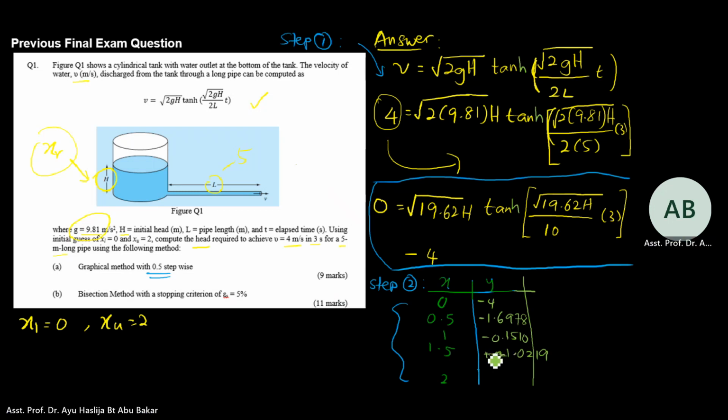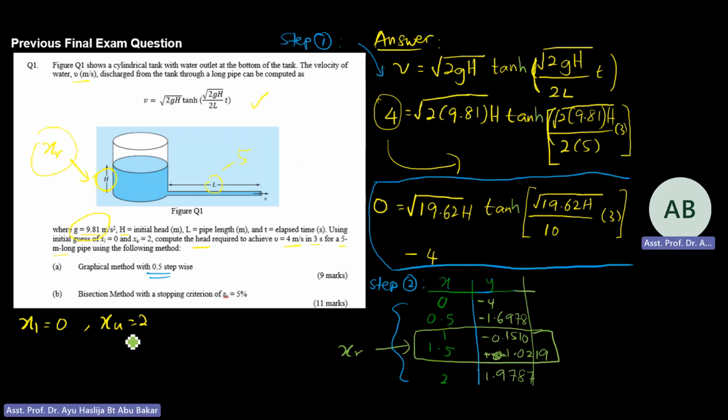Okay, so now you see the sign changes between 1 and 1.5. So your x root lies over here. Plot the graph. Then you will get the figure.